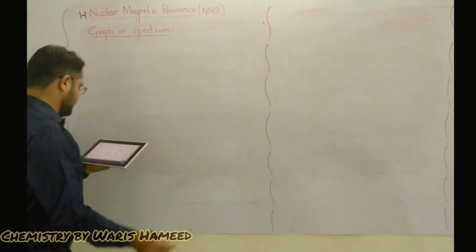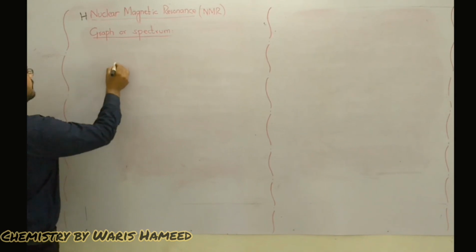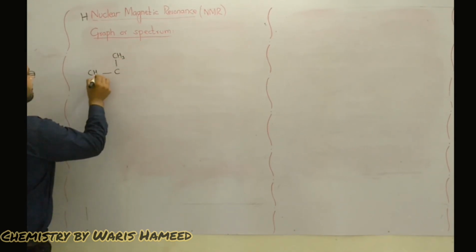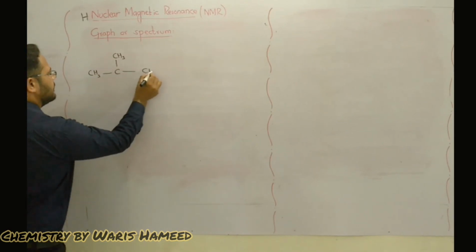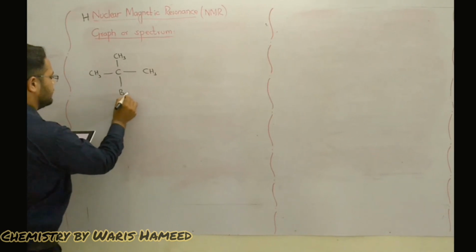First is carbon with CH3, CH3, CH3, and here will be bromine.